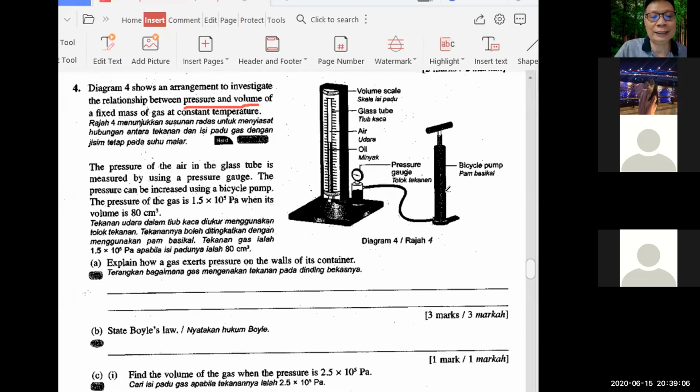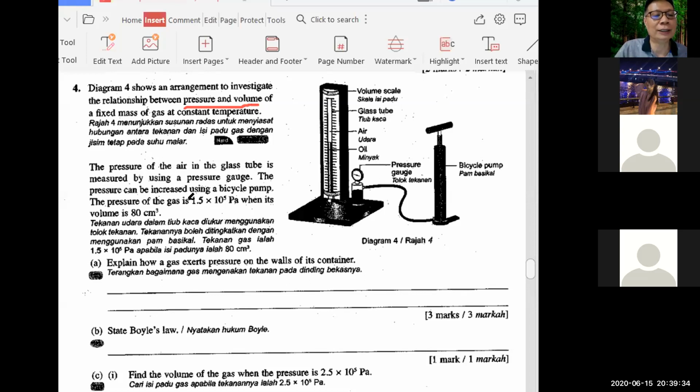Actually, the gas is here, so you compress, this is a bicycle pump, right? You compress the A, so you see the A pressure will be shown here. The pressure can be increased using a bicycle pump.